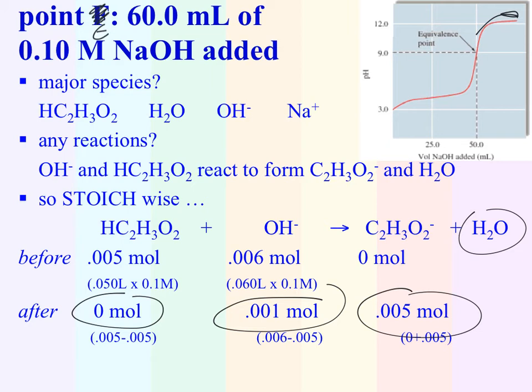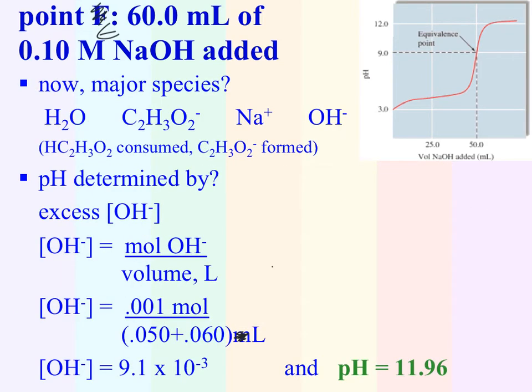So we can take these values and use them to do some additional calculations to figure out our pH. The way we're going to figure out our concentration of hydroxide ion is to take our moles of hydroxide, divide by the total volume, just like we've been doing, get our OH- concentration, and subsequently get our pH at 60 milliliters of sodium hydroxide being added.